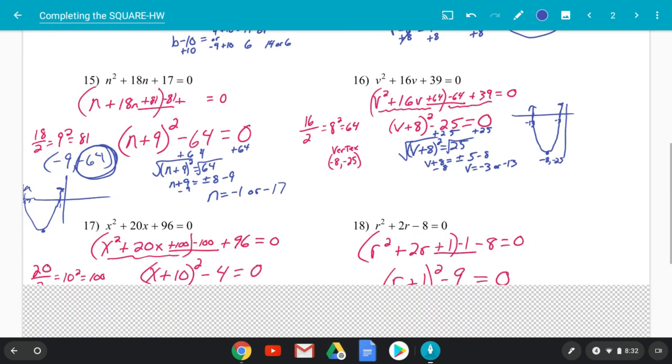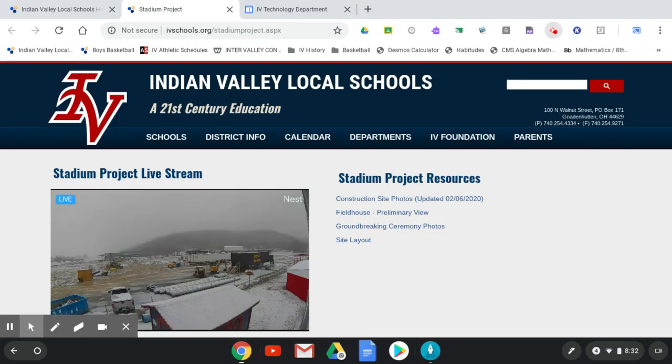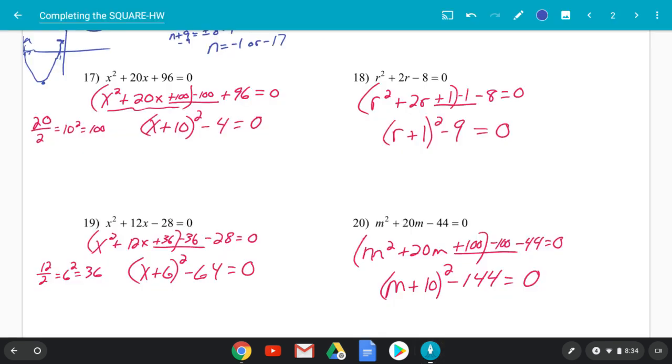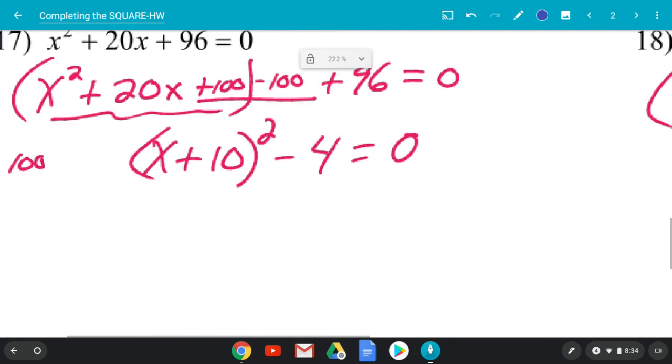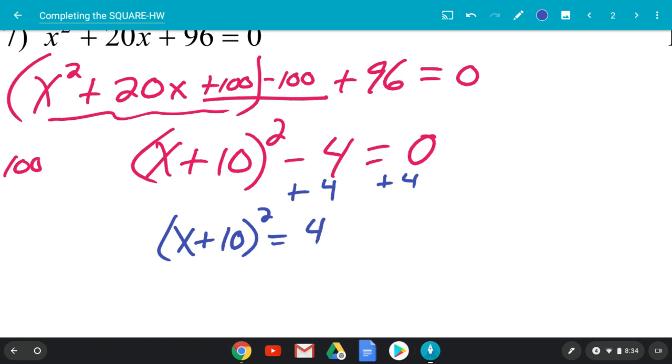I want you to do 17 and 18 this time. Number 17. Start by adding 4 to both sides. So x plus 10, quantity squared, equals 4.